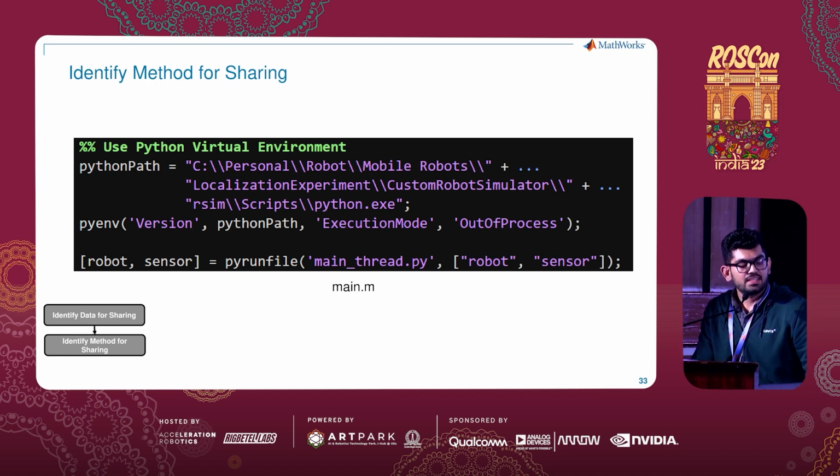Additionally, it is extracting the robot and the sensor objects which we identified in the previous step. Once we have these robot and sensor objects, we can use them to create ROS nodes. This step is essentially getting the objects from the simulation engine to the ROS engine.